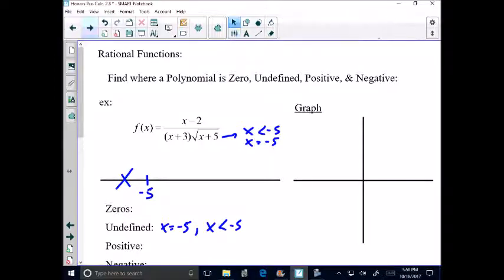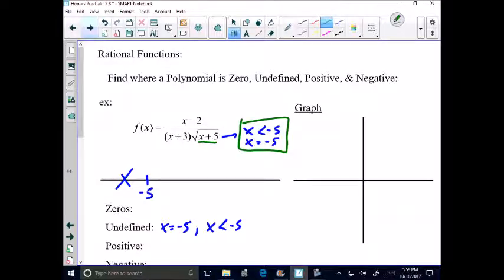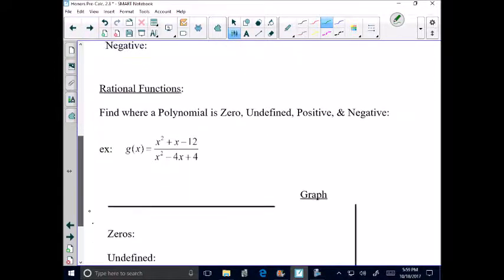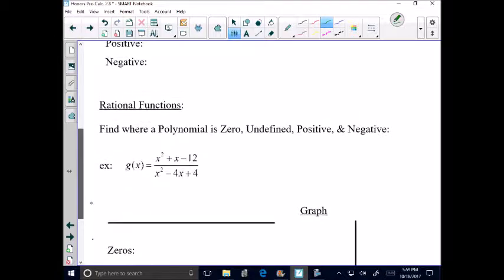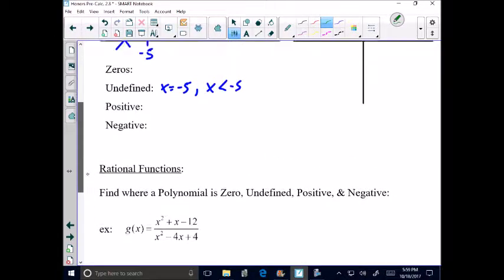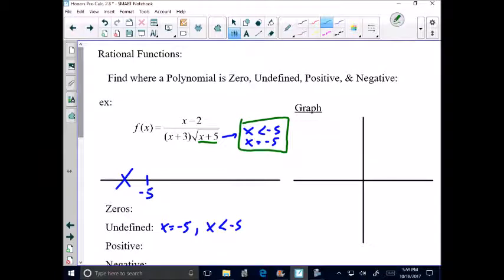So right here we're going to pause the video and give you guys a shot at these two. The first one right here, we're sort of giving ourselves a little push because we know these two things from that square root in the denominator. If we look down at our second example, we're going to have to do some factoring before we can evaluate that rational function. But it's a lot like the one we saw before. So we'll pause the video here and give these a shot.